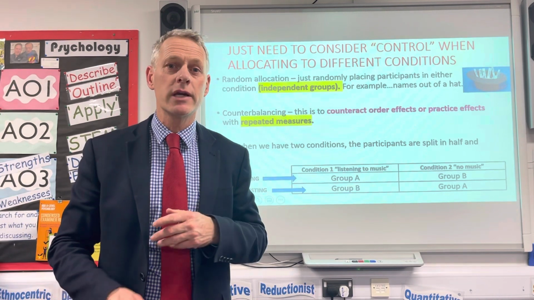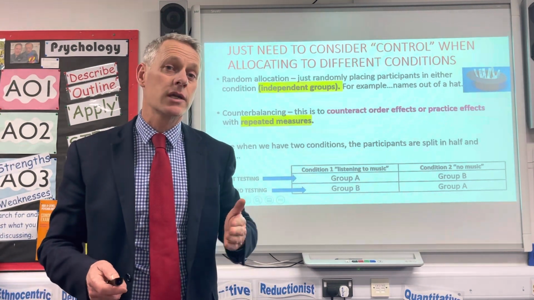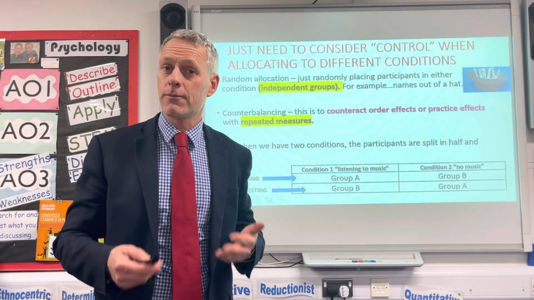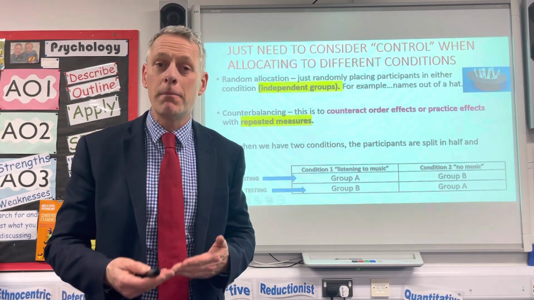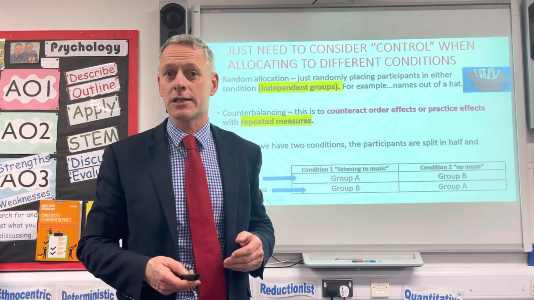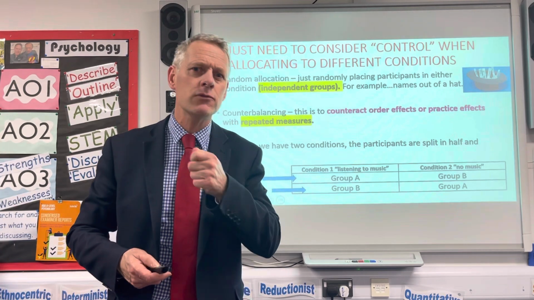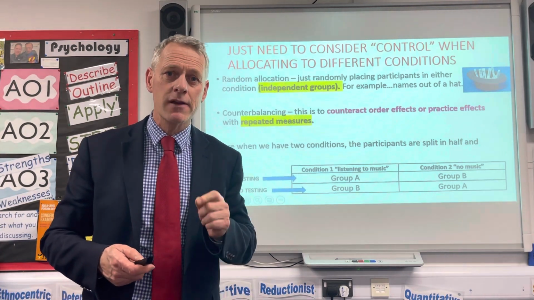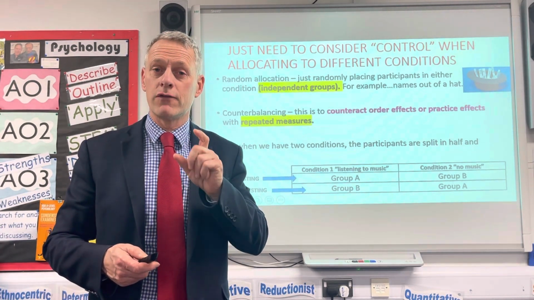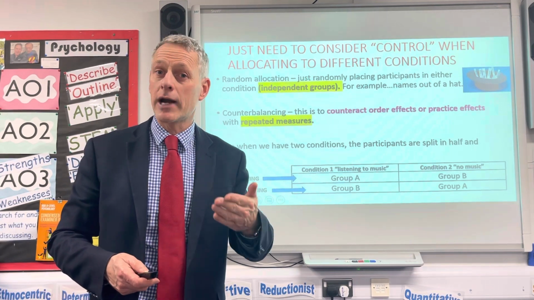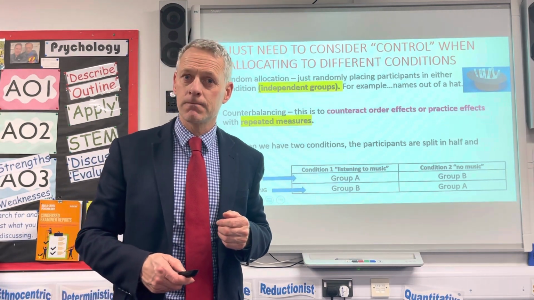Actually, the result is invalid because it probably demonstrates the practice effect. They just got better because they knew what to expect in the testing. So counterbalancing is a specific tool for trying to overcome practice and order effects.